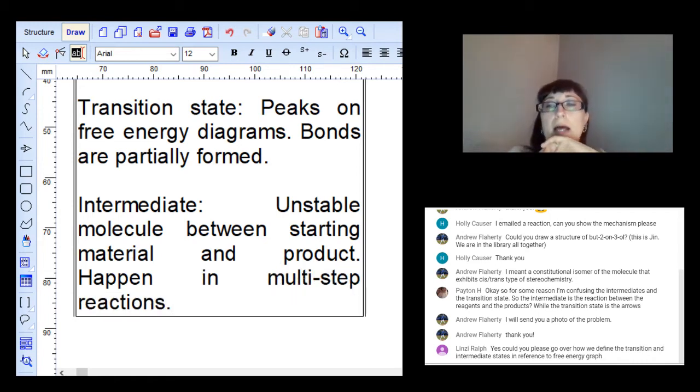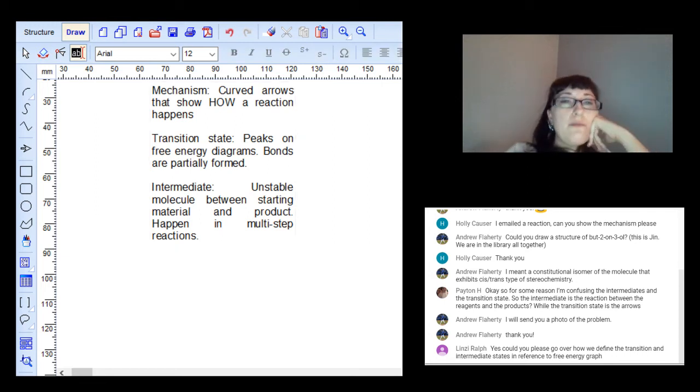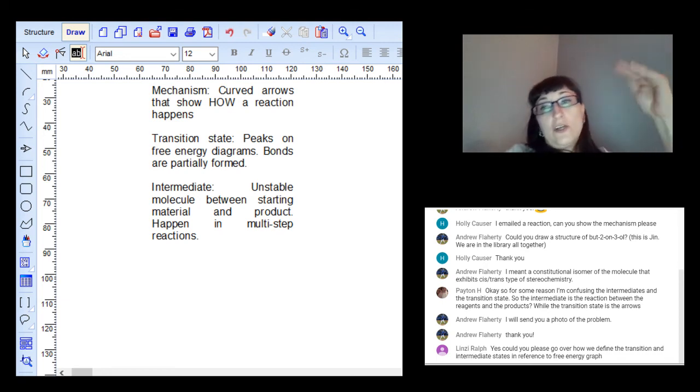So anytime you're looking at a reaction, you could come up with any and all of these. Now, not everything has an intermediate.